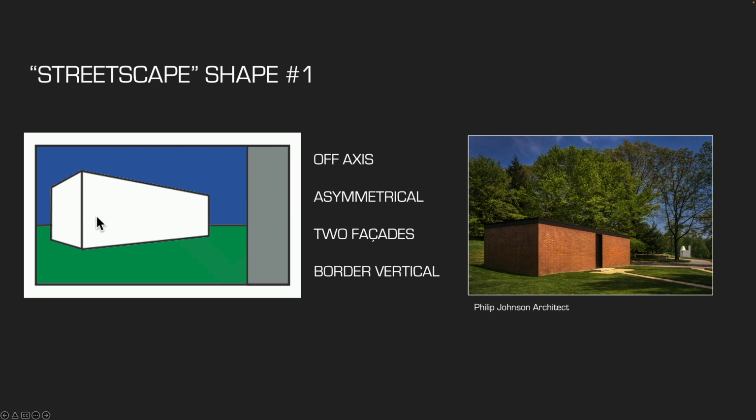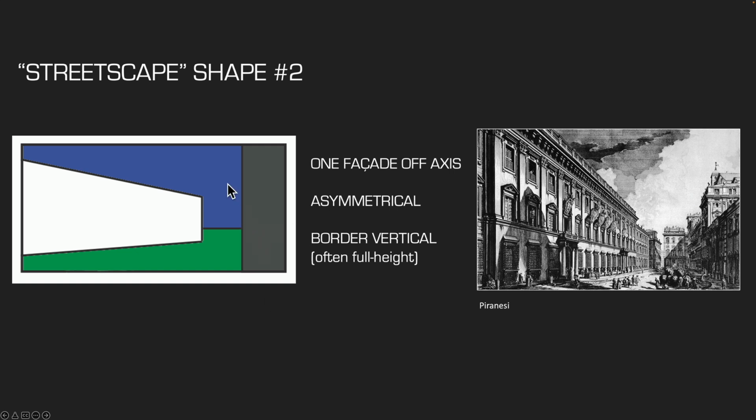Again, it's with two facades, with a dominant facade, asymmetrical, with a border vertical, which you see here in the Philip Johnson house. And then the third one, streetscape shape number two, which is one facade off axis, asymmetrical, and with a border vertical, which is often full height. It isn't in this case.